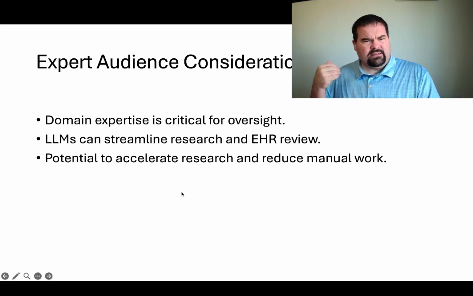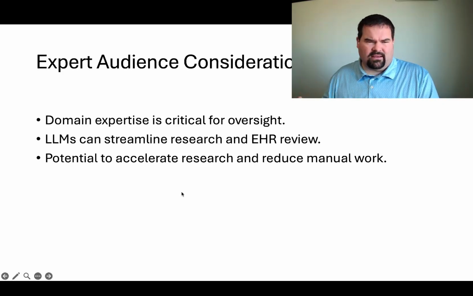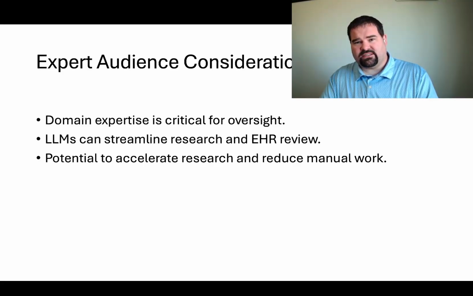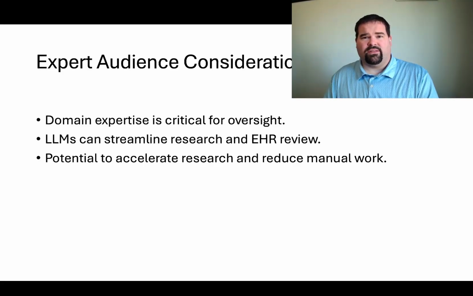Just think about your domain expertise is still going to be critical for oversight with large language models. While they can streamline research, they can streamline EHR capabilities, we have to understand that they can't just go out and do.